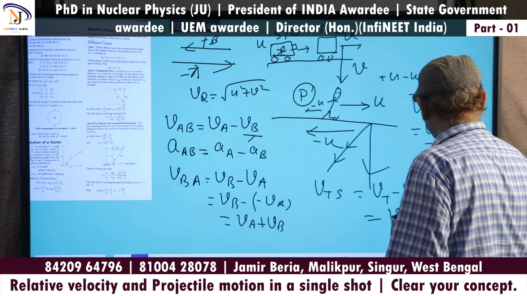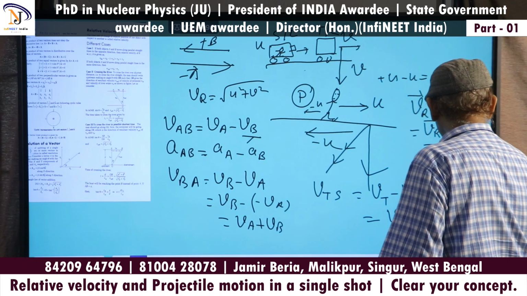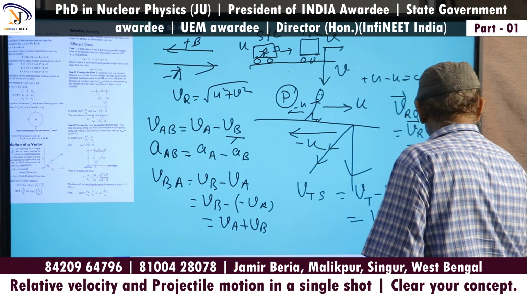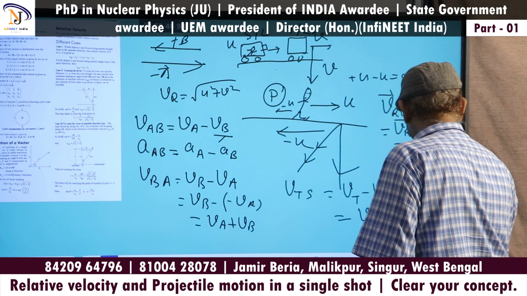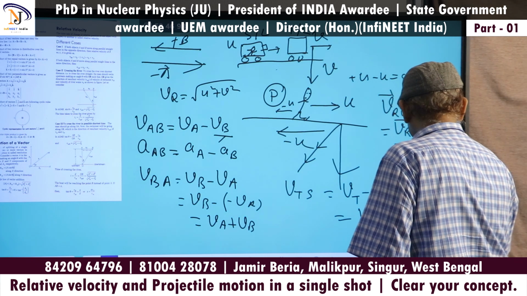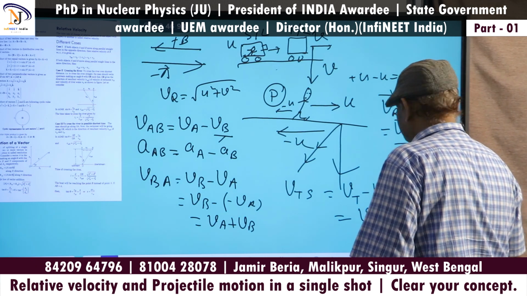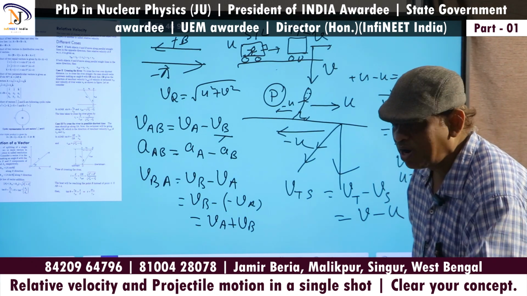Just you see. If V equals 20 km ph and U equals 10 km ph. Km ph means kilometer per hour.